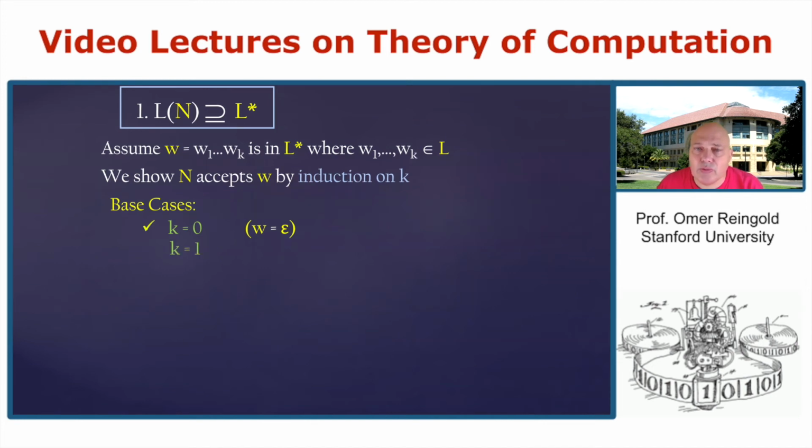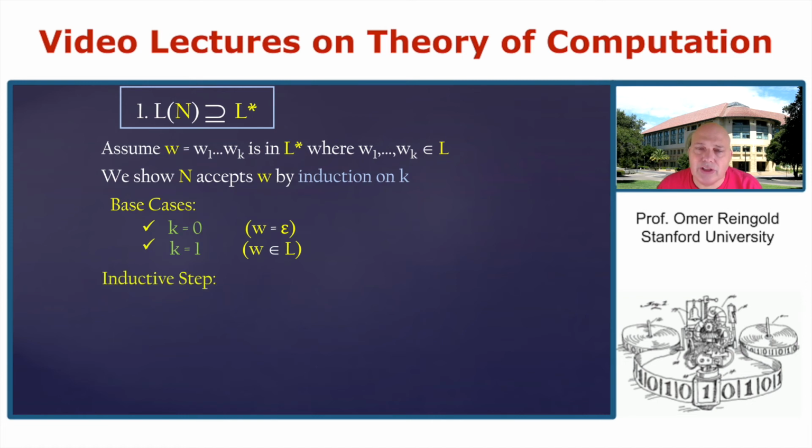For k equals 1, we just have w, which is in L. This is again going to be accepted because we can have the epsilon transition from the new start vertex Q0 to Q1, which is the original start vertex. Now we can do the computation just as in the DFA. We're not taking any more epsilon transitions, and since W is in L, we're going to accept it. So that's easy.